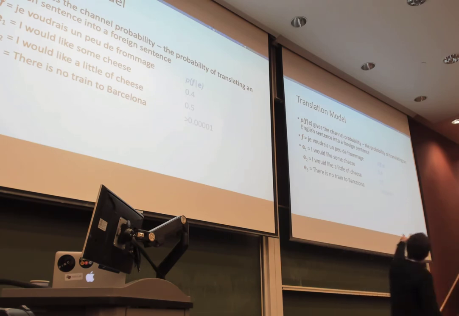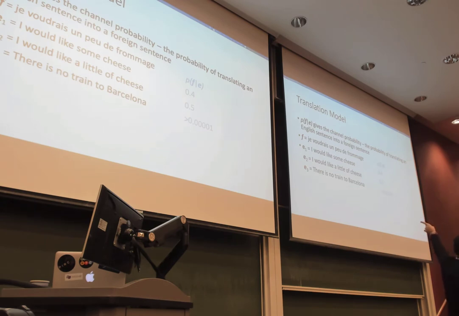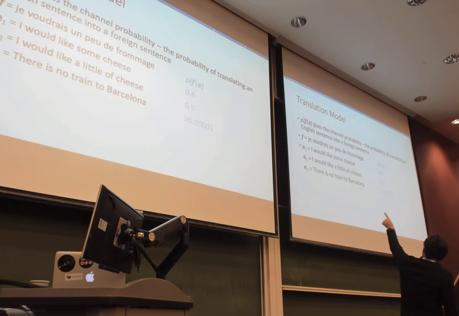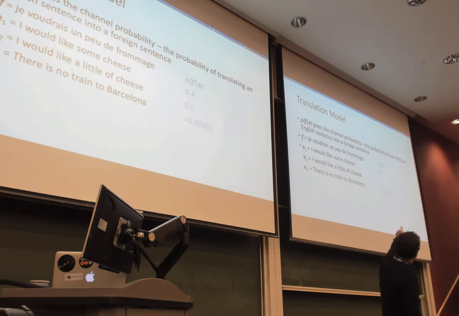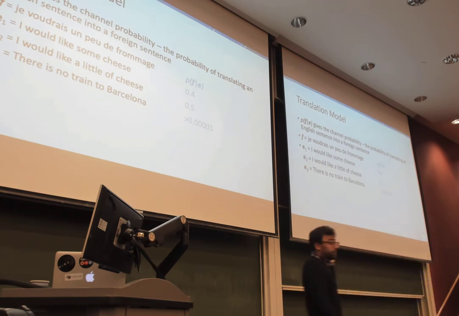You can also see that the probability of a possibly slightly less fluent English sentence could be higher. A little of cheese is the word-for-word translation of un peu de, so that probability might be slightly higher.